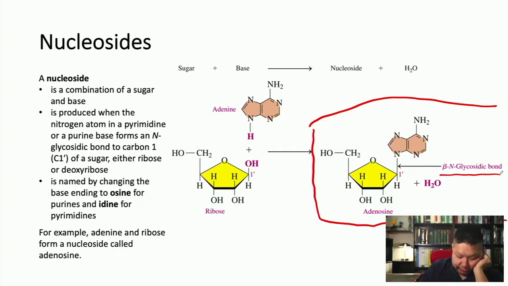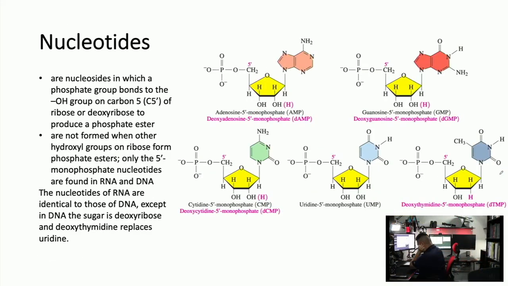And the reason why is because there's also another thing called nucleotides, right? And the difference between a nucleoside and a nucleotide is that a nucleotide also has, in addition to the pentose and the nitrogenous base, the phosphate group attached, right? Has the phosphate group attached.